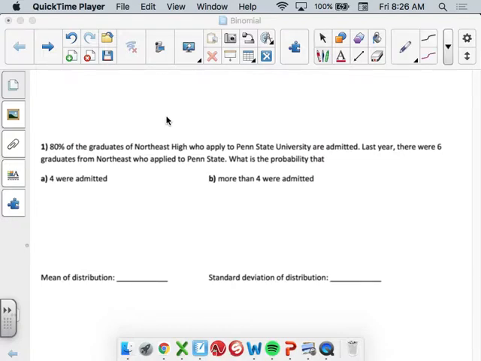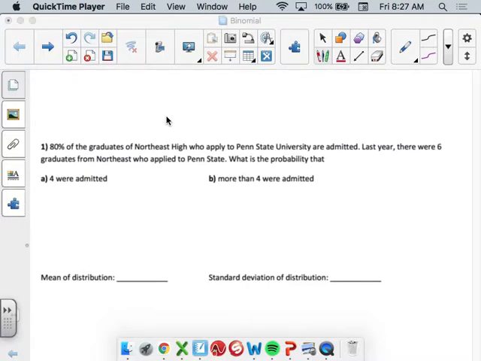Okay, so let's try this out. Let me look at this as if we were doing a probability problem, and then I'm going to show you what it would be done by hand, and we'll talk about the calculator part, and then we'll look at identifying them. So what we have: 80% of the graduates of this high school who apply to Penn State are admitted.